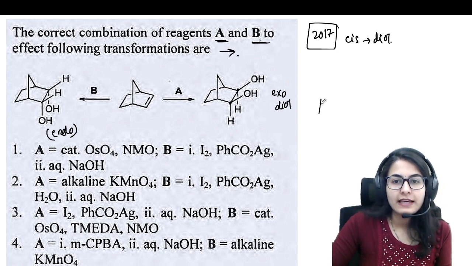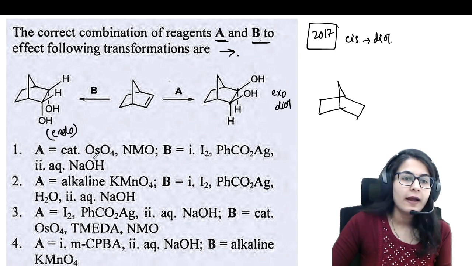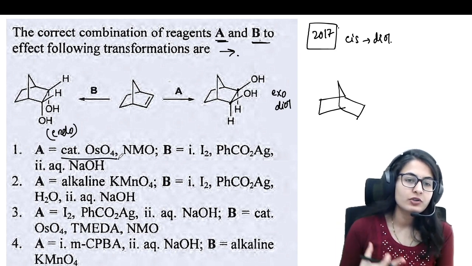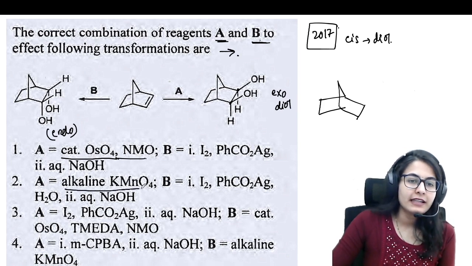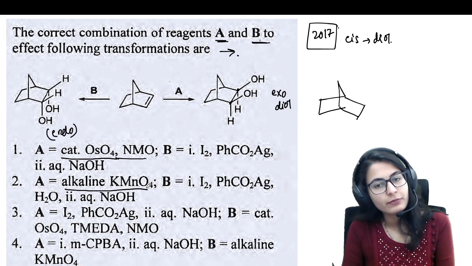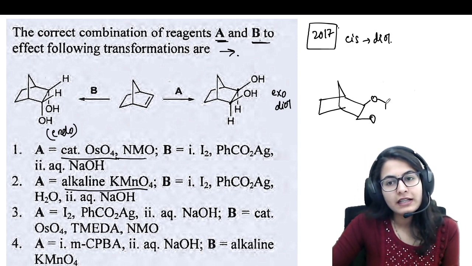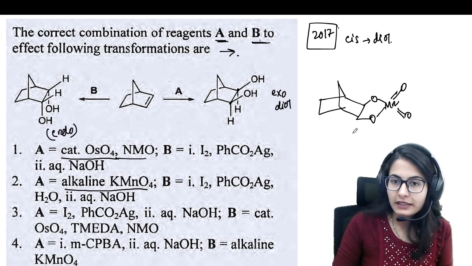Now in the first step, if you do the oxidation by catalytic osmium tetraoxide, which is called the Upjohn oxidation reaction, or you do it by alkaline KMnO4, both of them will give you the same product. Let's say both of them are going to give you a tetra substituted intermediate.